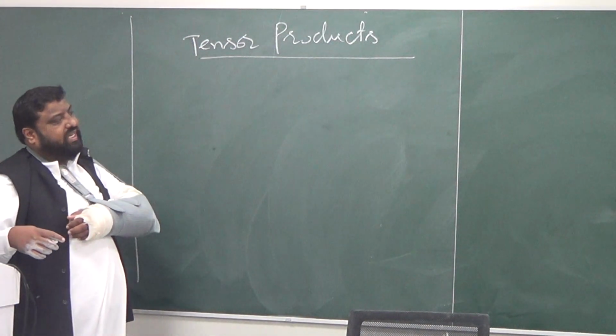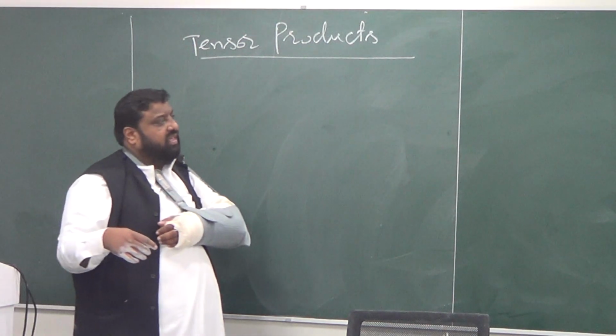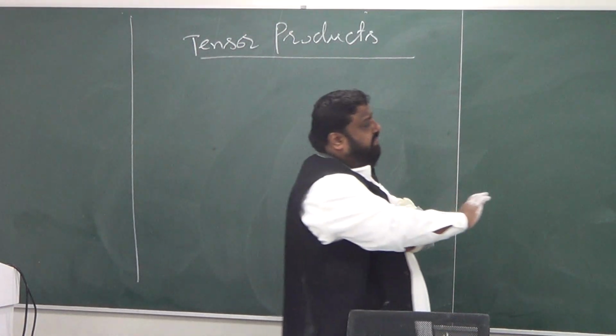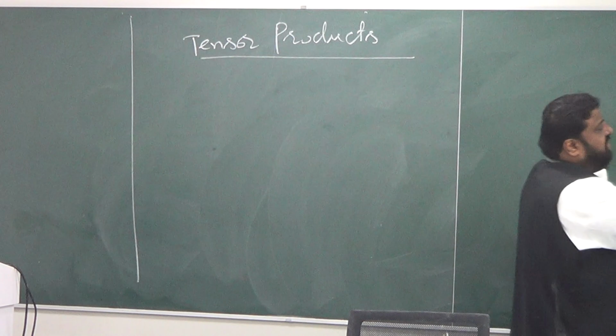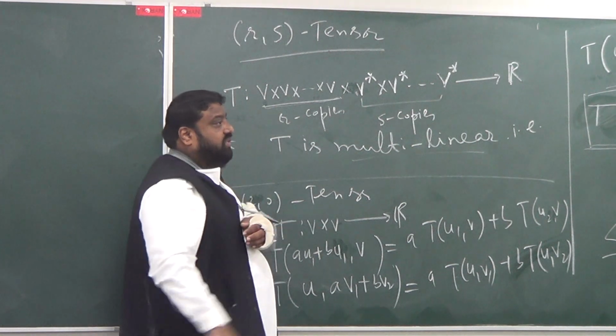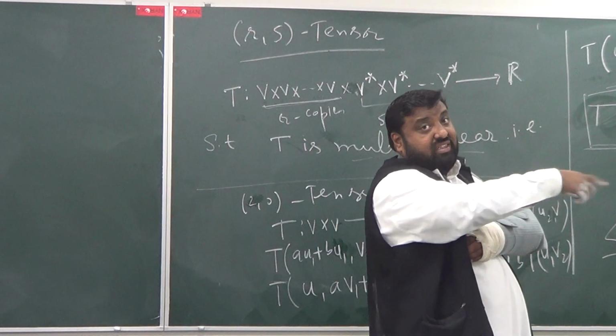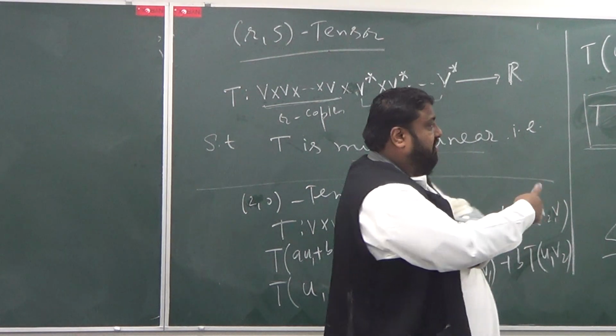By the way, you can see that for defining all this machinery, we haven't used the finite dimensionality of V. We have used it when writing it as a basis.